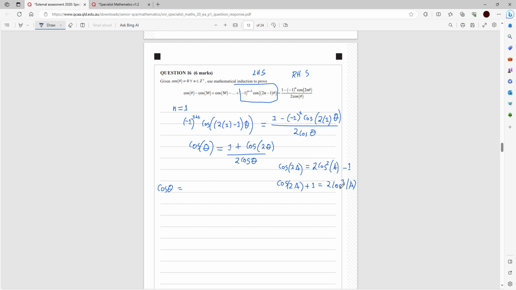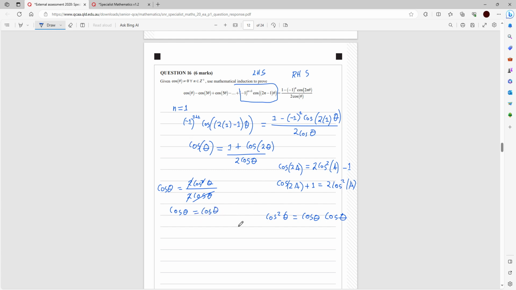If I replace this bit here with that identity, I'm going to have 2 cos squared theta on 2 cos theta. Now recall cos squared theta just means cos theta times cos theta. So hence we cancel one of those, cancel one of those, cancel that, cancel that. We have cos theta is equal to cos theta. So we've proved it for n equals 1.